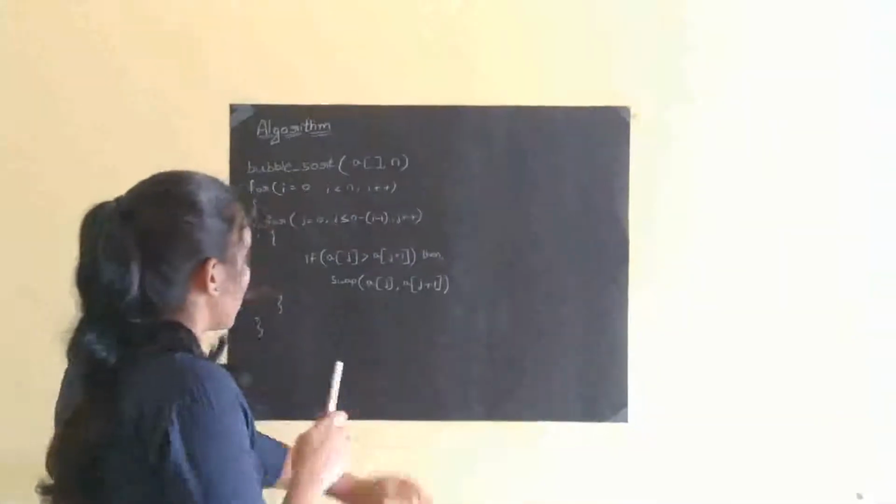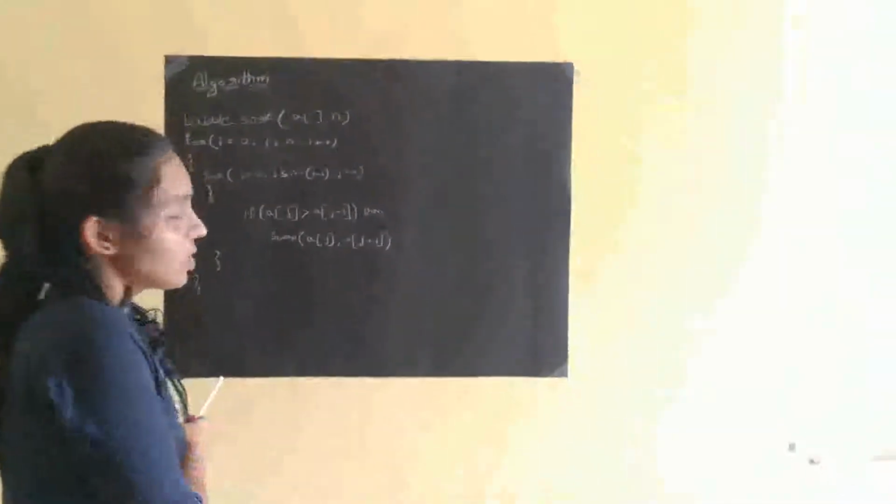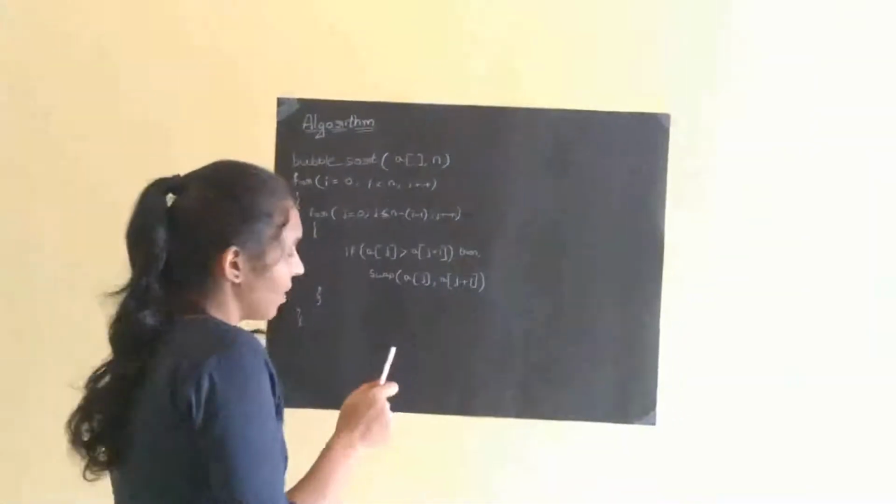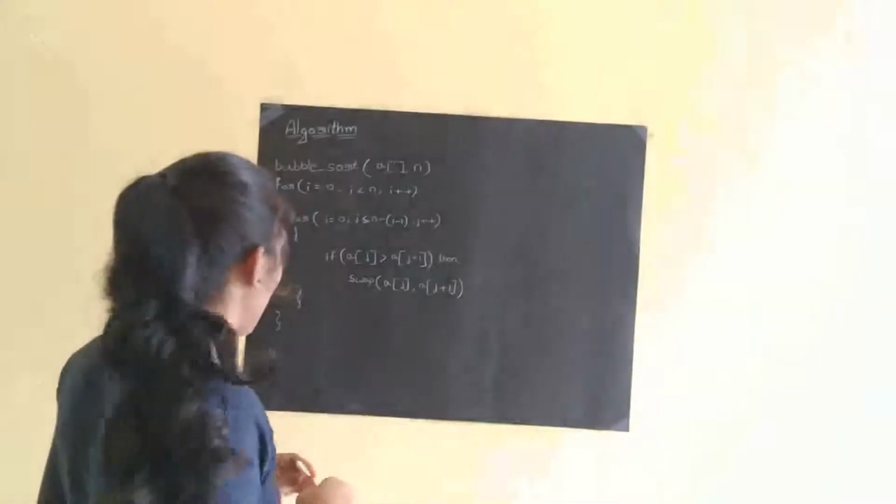For the swapping we have to use the third variable, that is temp. This temporary variable is used to interchange the values.